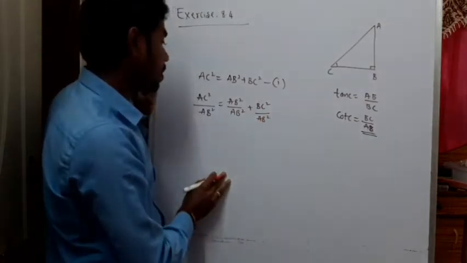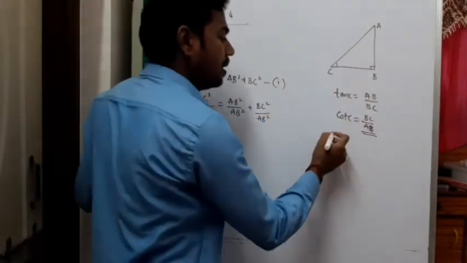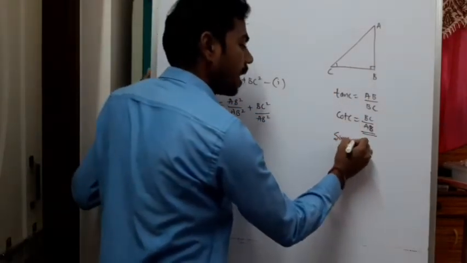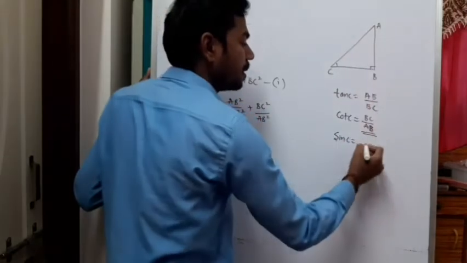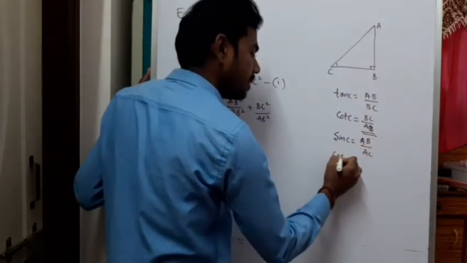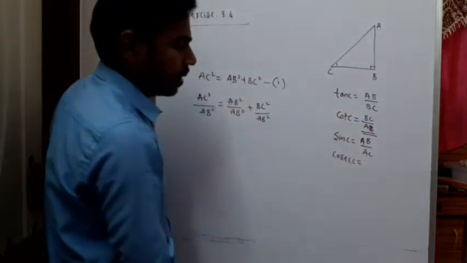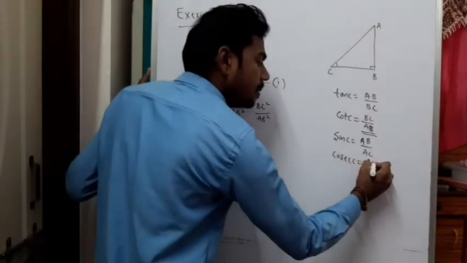What is AC by AB? Before that, what is sin C? Sin C is nothing but opposite by hypotenuse, that is AB by AC. Then what is cosecant C? Cosecant C is nothing but 1 by sin C, that is hypotenuse by opposite, AC by AB.